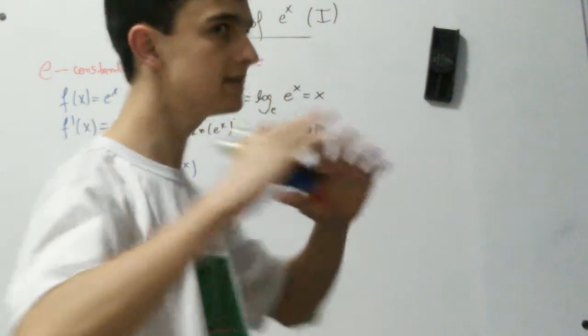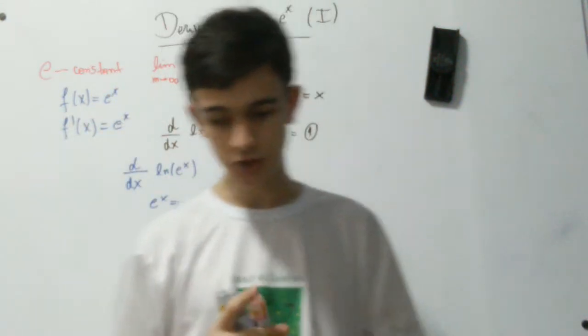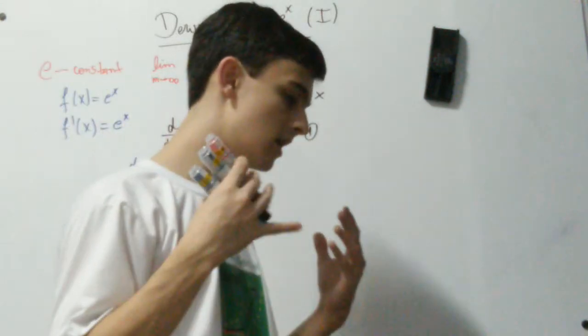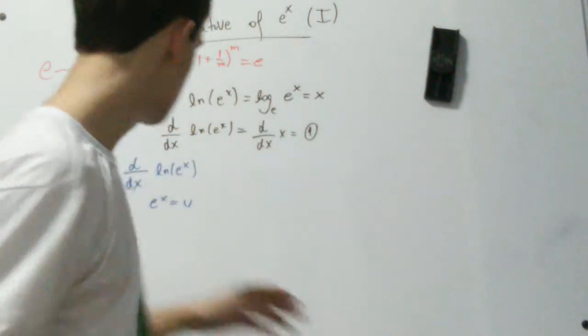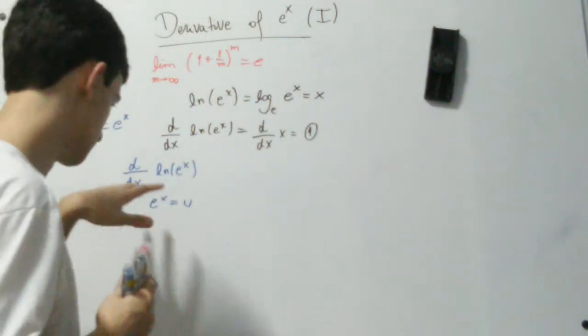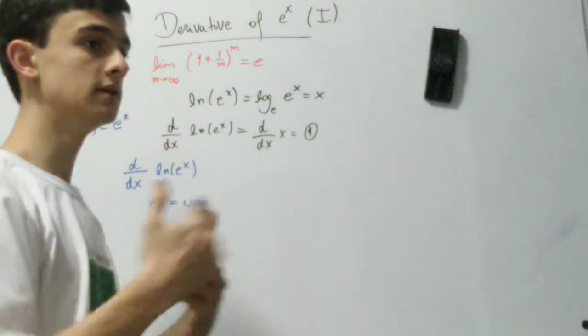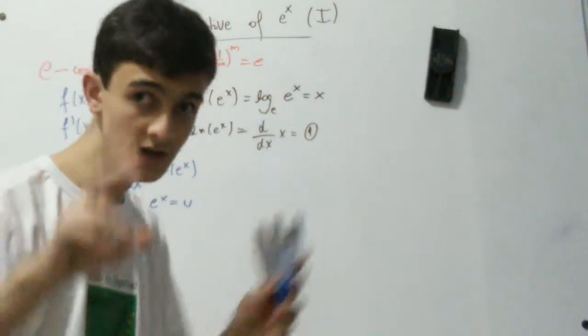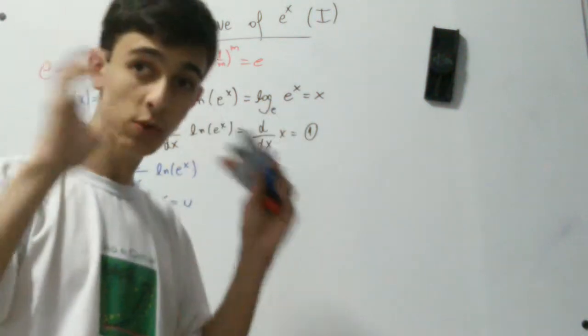And in simple words, the chain rule says that the derivative of the function is the derivative of the outside function times the derivative of the inside function.